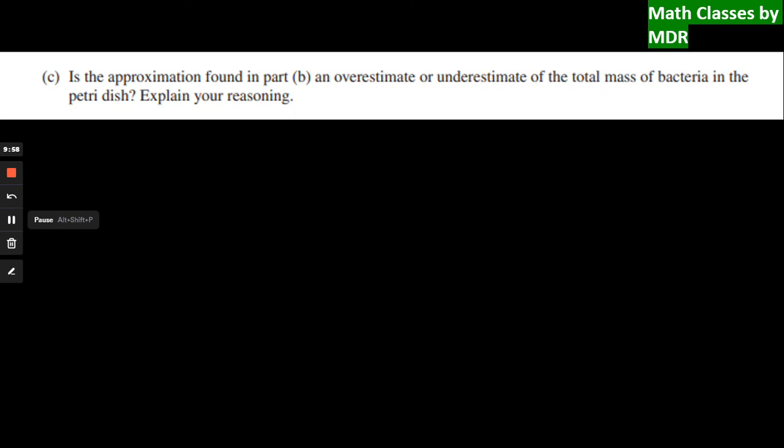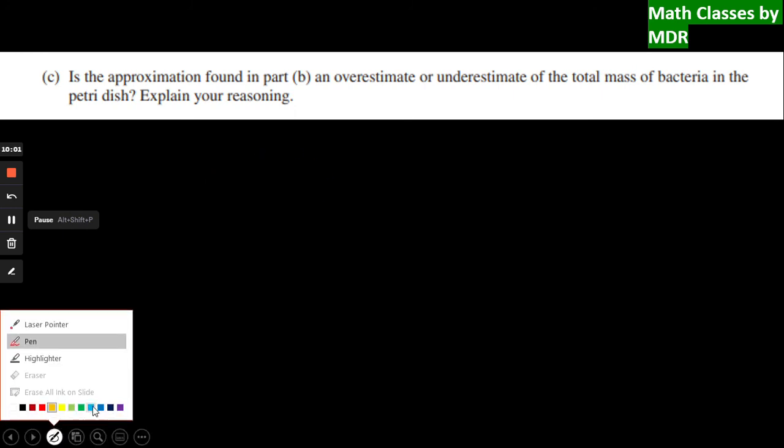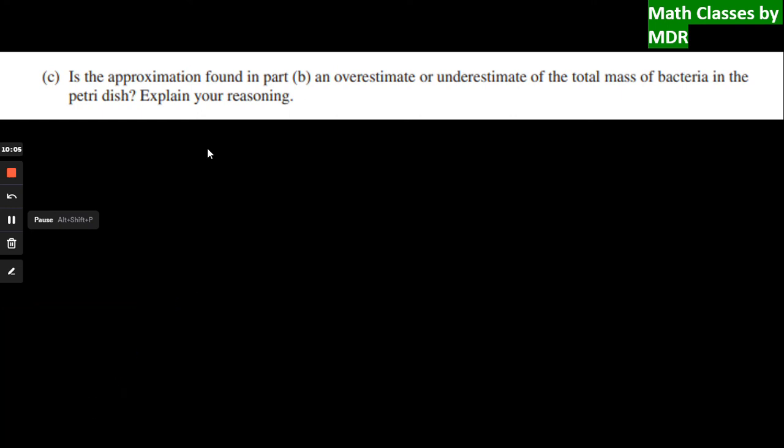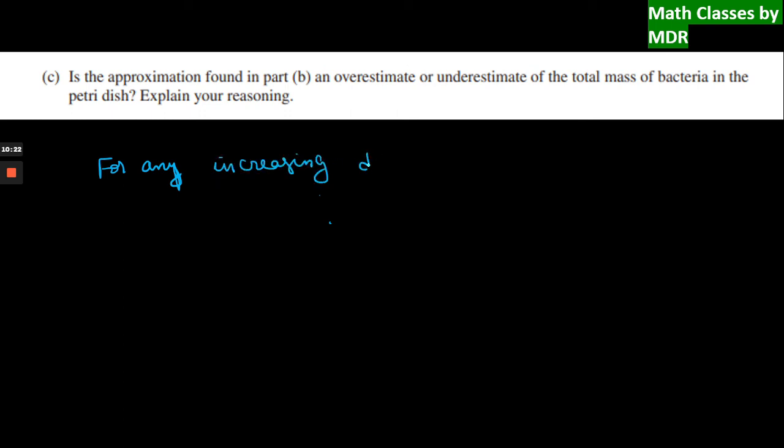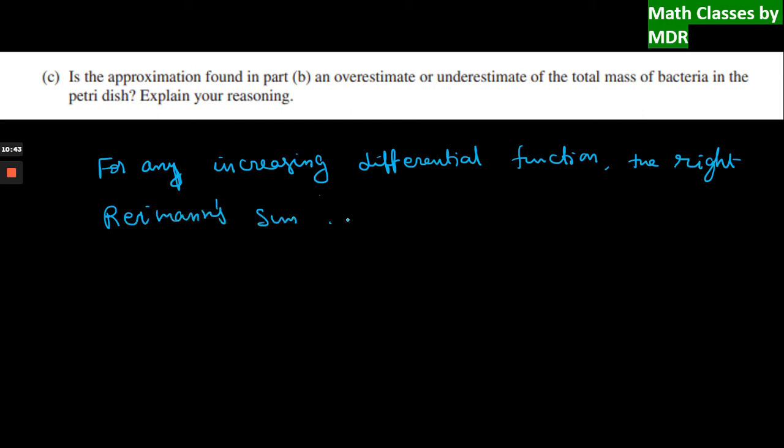So for an increasing differentiable function, the right Riemann sum overestimates, isn't it?